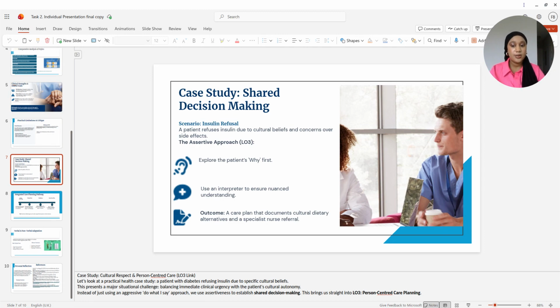This presents a major situational challenge, balancing immediate clinical urgency with the patient's cultural autonomy. Instead of just using an aggressive "do what I say" approach, we use assertiveness to establish shared decision making. This brings us straight into learning outcome 3, person-centered care planning.